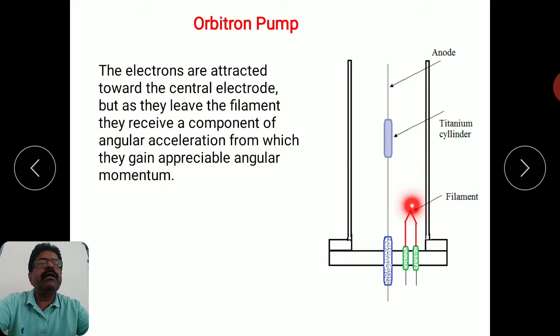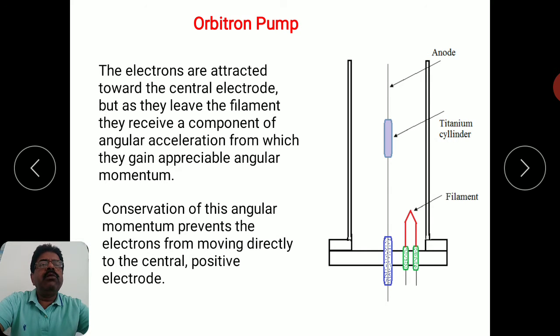The filament is heated by an external low supply, and the electrons are emitted. As soon as they are emitted, they receive this angular acceleration, from which they gain appreciable angular momentum. As they move towards the walls of the container, they are repelled because of the negative potential at the walls.